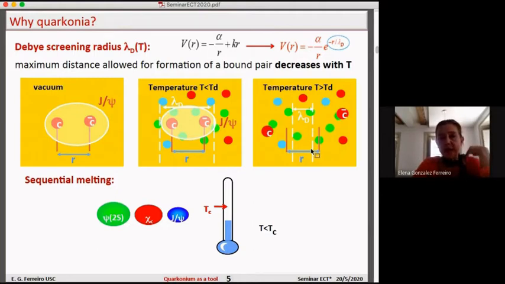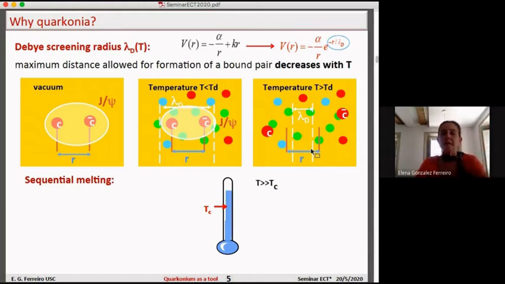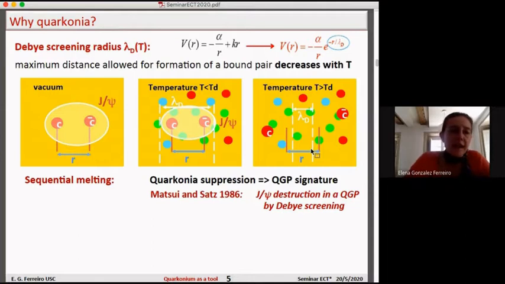You will have a suppression of the 2s, the Chi-C will be suppressed afterwards, and at last the J/psi. This idea, which is very nice, is due to Matsui and Satz, who proposed the J/psi as the signature of the quark-gluon plasma formation.